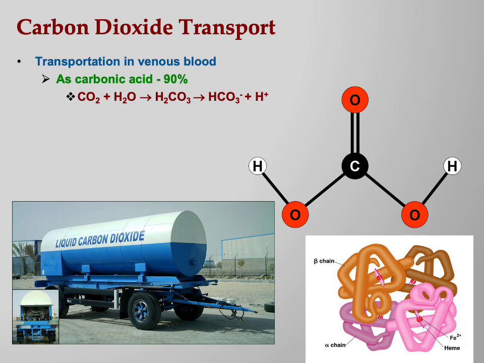So we are seeing the equation run from left to right, but it can also run right to left, okay? It runs left to right, dissociating, when we are in the tissues. When we get into the lungs, we're going to run that from right to left.